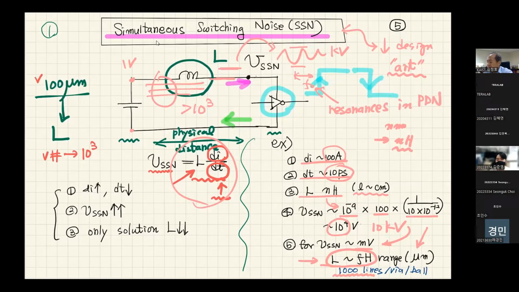So in this class, we are going to talk about resonance of the PDN and L control. Those are the main subjects of class this week.